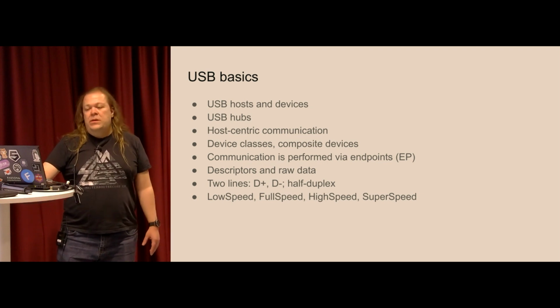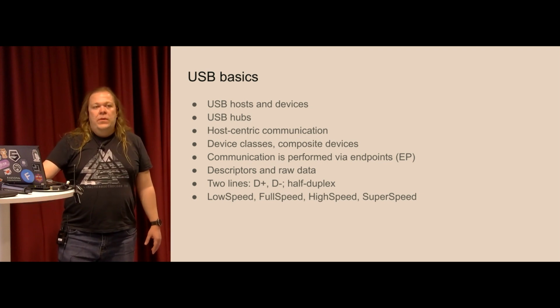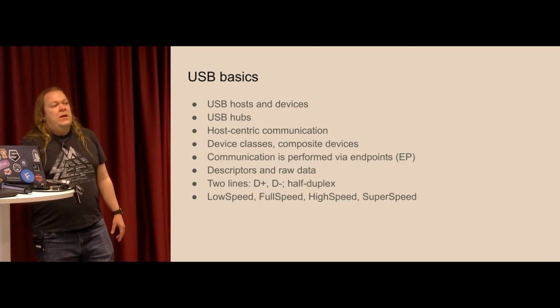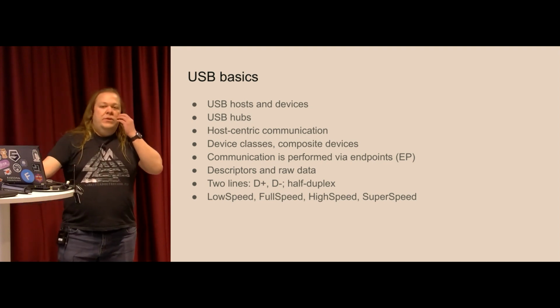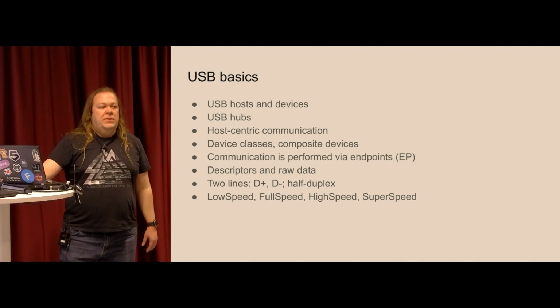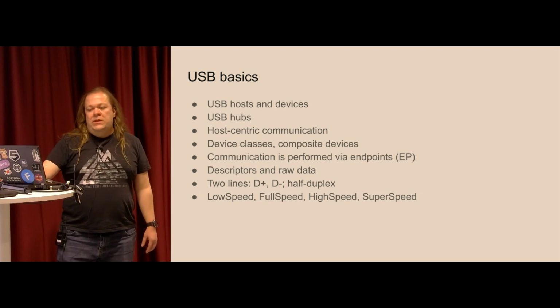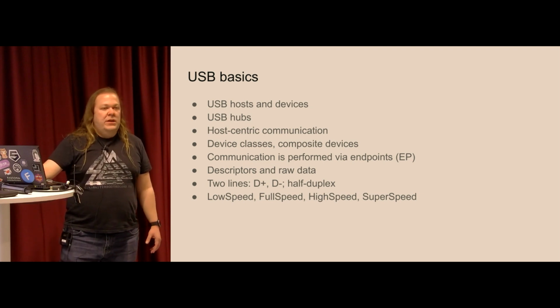And a good thing about USB is that it tries to simplify and reduce the amount of data we need to transfer, to simplify protocols, and it achieves this by separating descriptors and raw data.